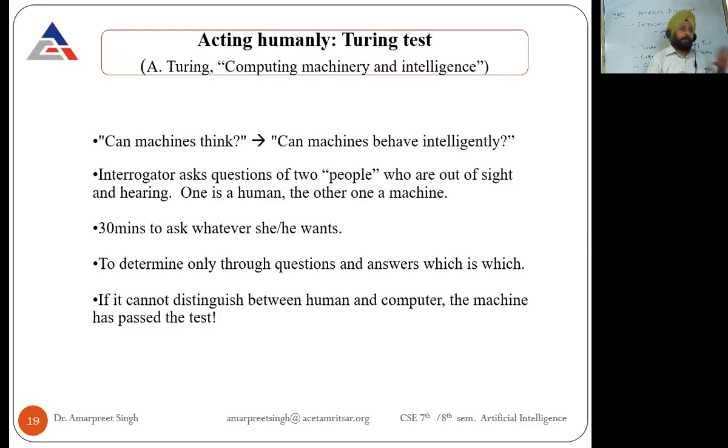Now a very important test: we have seen how to develop an AI machine. Suppose some person says that after going through the study of the different concepts of AI, he has made one machine and he claims that this machine is an AI machine.